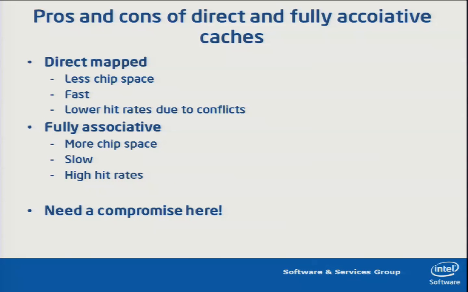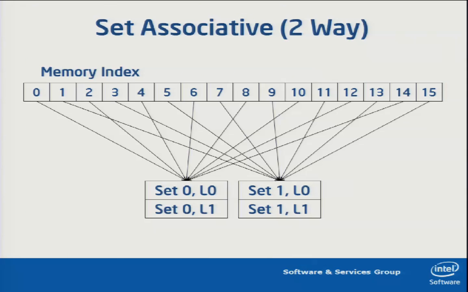Then we have the fully associative approach, where we actually need a lot more chip space because we need to have a very elaborate method of replacing the cache lines. It's pretty slow, but has pretty high hit rates, because everything that was not touched in the last 4 accesses will still be there. Right? So what we need, essentially, is a compromise. And the compromise is called a set associative cache. And this is what we find generally in all modern CPUs.